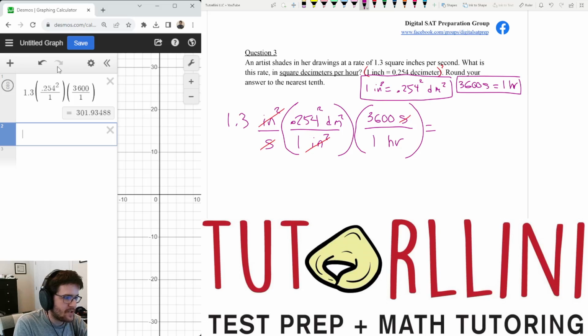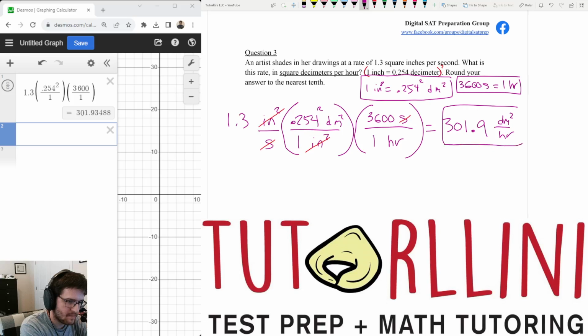And we want to round to the nearest tenth, so that would give us 301.9 square decimeters per hour. And that is our answer. Okay, very good. Definitely check out my video on unit conversions if that gave you trouble.